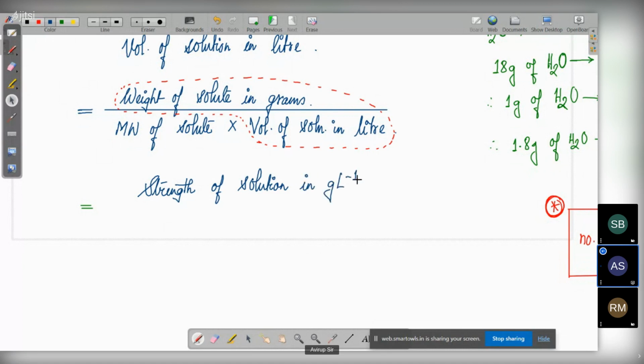As gram is in the numerator and liter is in the denominator, we write it as gram per liter. Strength of solution in gram per liter, and molecular weight of solute will remain as it is.